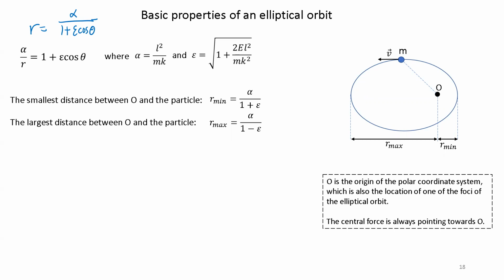So the smallest possible distance, which I call R min, is alpha divided by 1 plus epsilon. From this picture, it's easy to see that it's right over here. On the other hand, the largest possible distance happens when you have the smallest denominator, that is theta equals pi. Then I have this point over here.